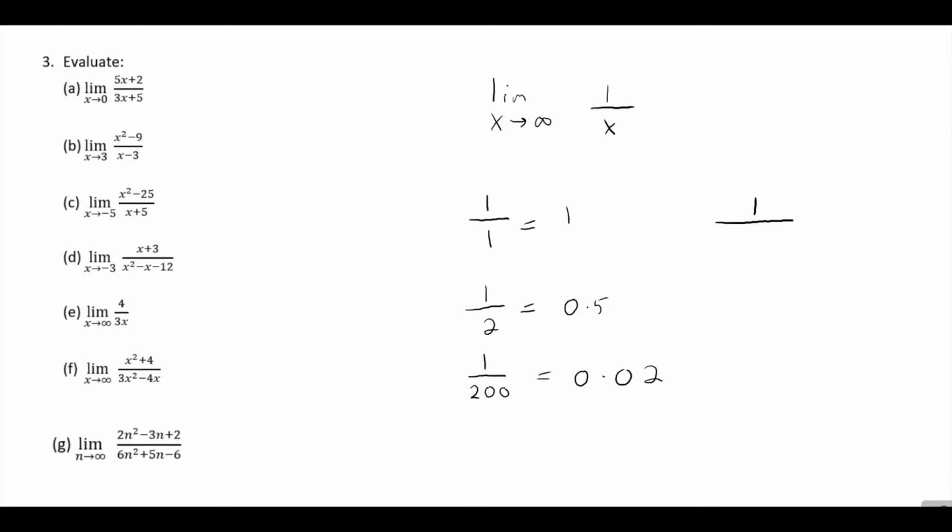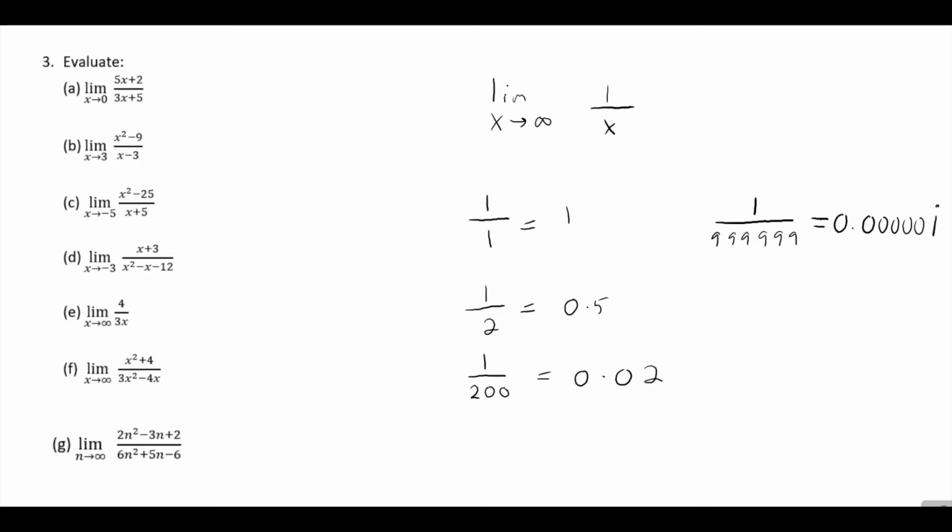Let's make something massively big, and remember we're going towards a number that's infinitely large. So if we go really, really big, we'll put 1 over 99999. We're going to keep increasing this number for x. In this case we get 0.00001 with the 1 recurring after this.